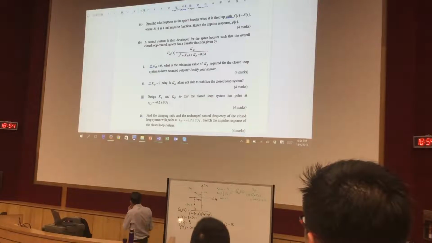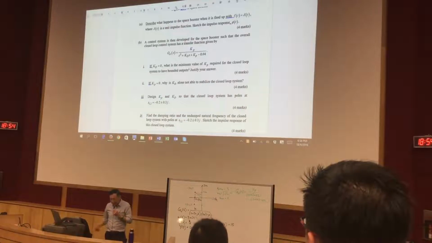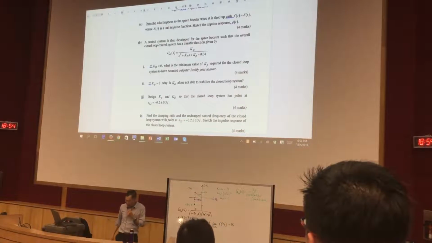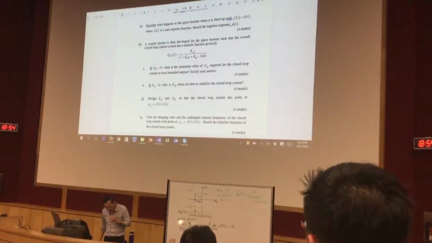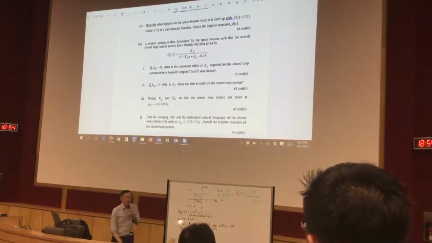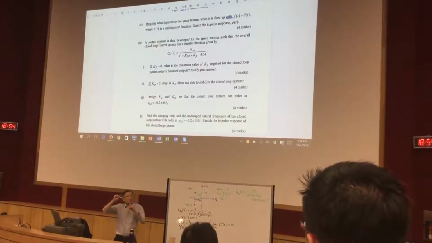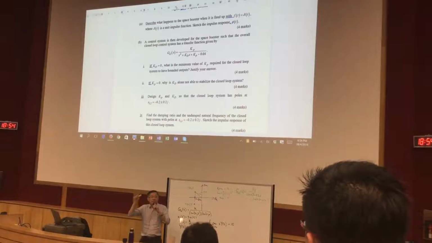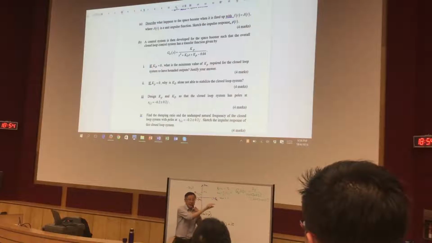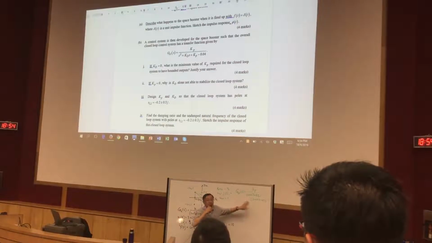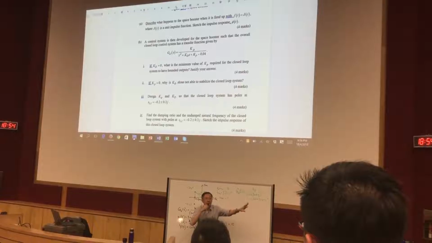Okay, final part. Find the damping ratio and the undamped natural frequency of the closed loop system with poles at these two values. Very simple. Remember, the generic form is s squared plus 2 zeta omega n s plus omega n squared. Once you clean it up, you compare the coefficients.